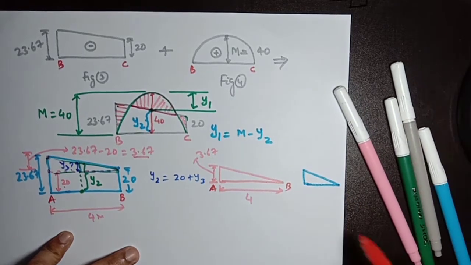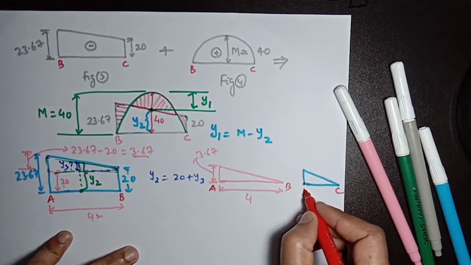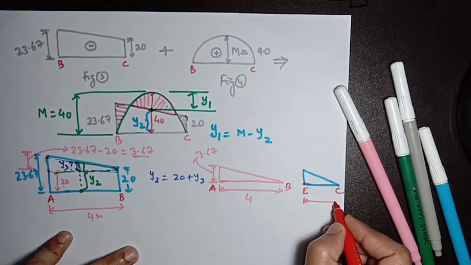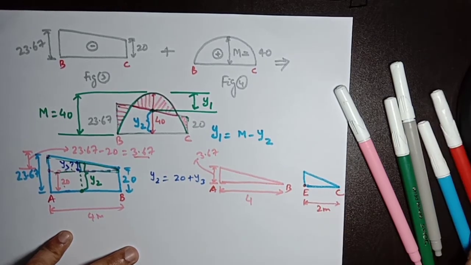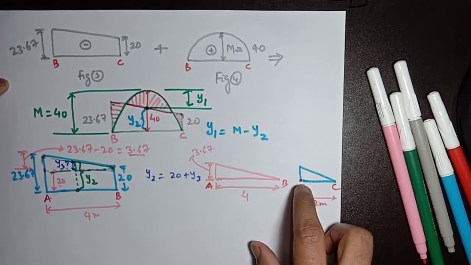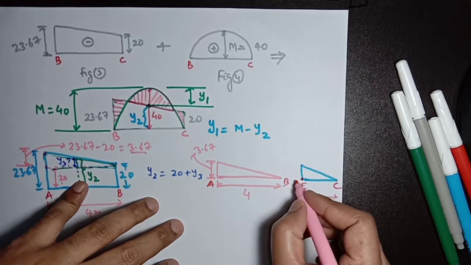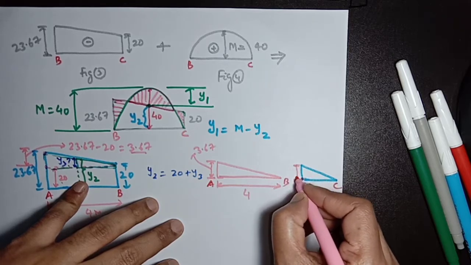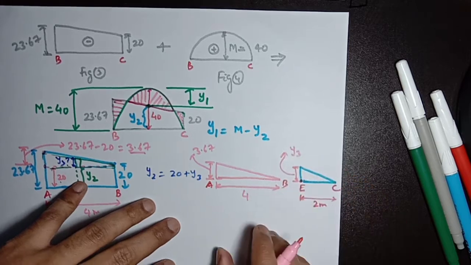This point will be C. Suppose we are dealing with these points, the mid span is E, so this length will be 2 meter. As we are going to calculate the span moment at the center of this beam, the mid span moment, we want to calculate this value. This is y3.